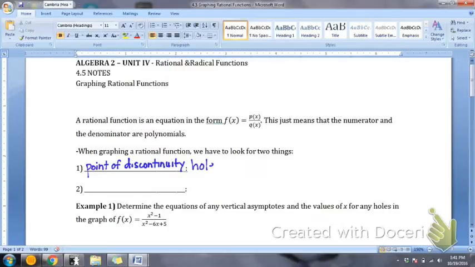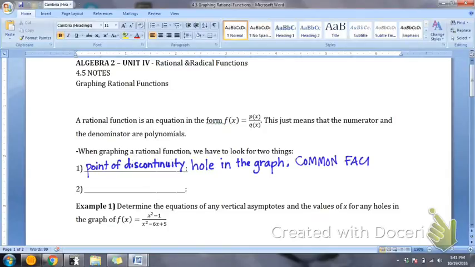This is going to leave us a hole in the graph. We are going to look for the common factor.